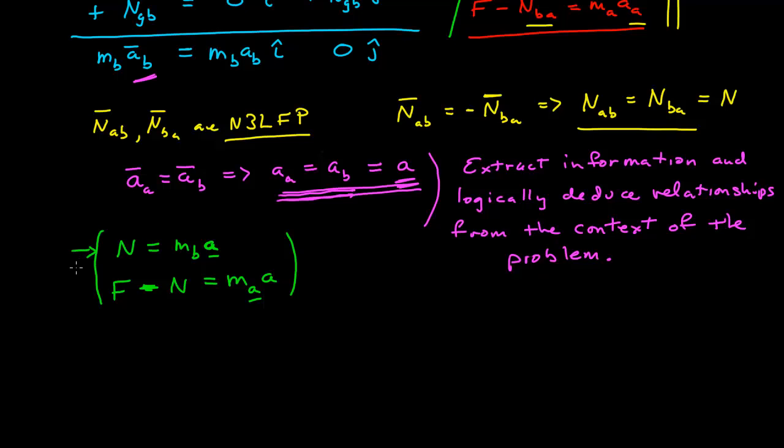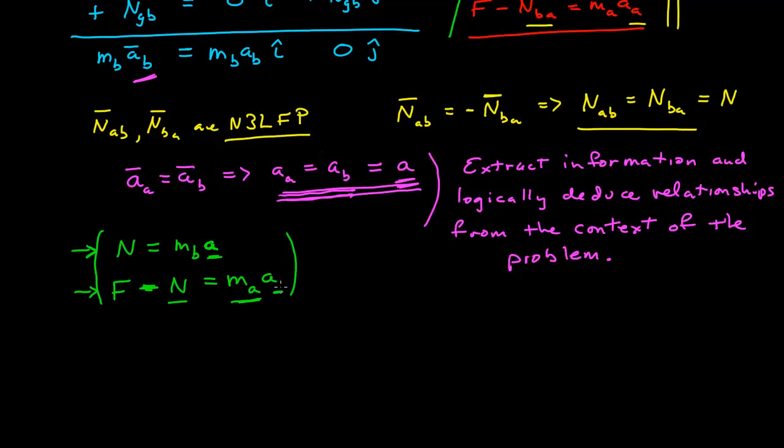So this first equation is not N equals m B a. It's the normal force between each object is equal to the mass of B times the acceleration of each object, which happens to be the same. And in this equation, the force on block A minus the normal force between each object is equal to the mass of A times the acceleration of each object, which we found to be equal.